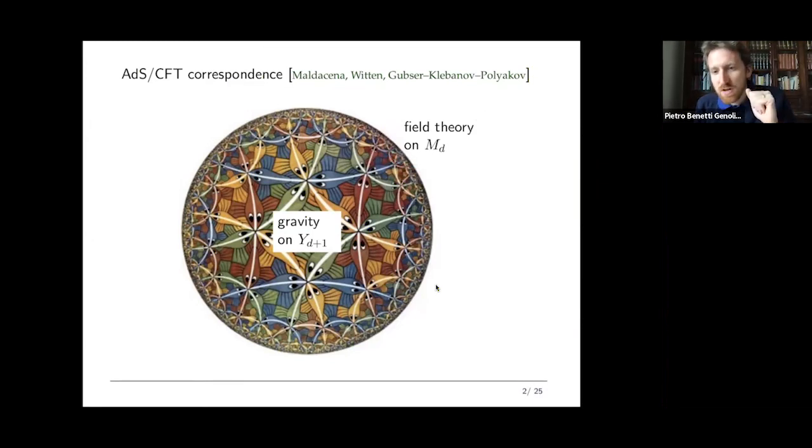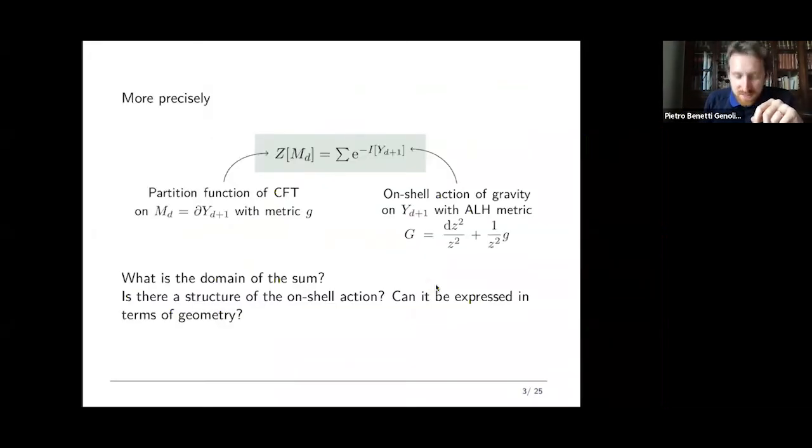All asymptotically locally hyperbolic spaces have a boundary, and you can consider a quantum field theory on the boundary. This is a great breakthrough because it relates quantum gravity, of which we know nothing, to quantum field theory, of which we say that we know a lot. And it can be made more precise.